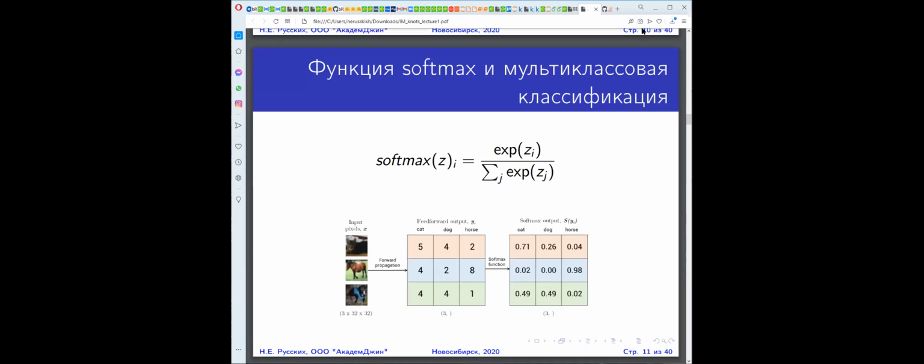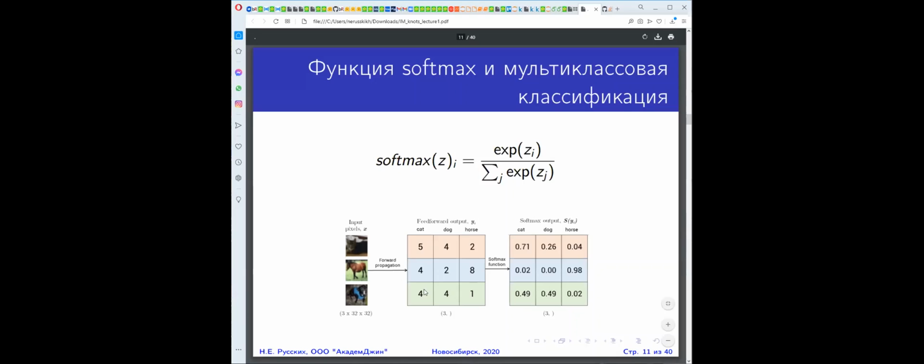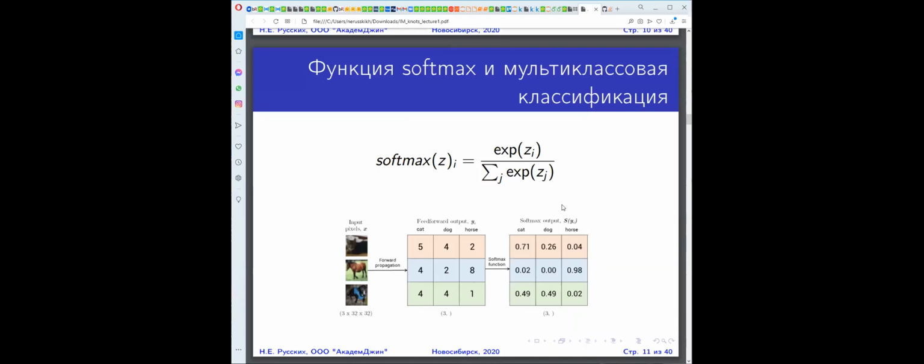Let's consider that we obtained a real-valued output on the last layer of our neural network, and our task is to classify images into three classes: either a cat is depicted in an image, a horse, or a dog.